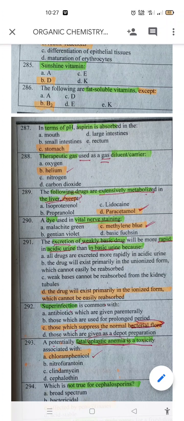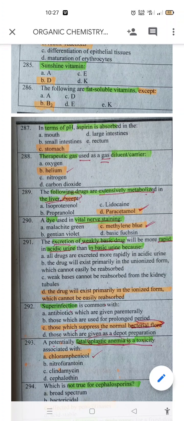288, the therapeutic gas used as a diluent or carrier is your helium. Because of its low density compared to nitrogen, helium is used to prepare a gaseous mixture composed of 20% oxygen and helium, and this is used to alleviate respiration difficulty.